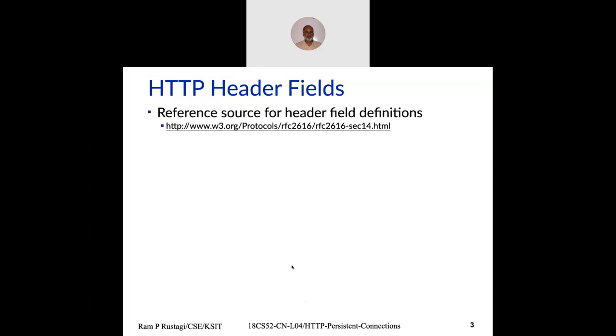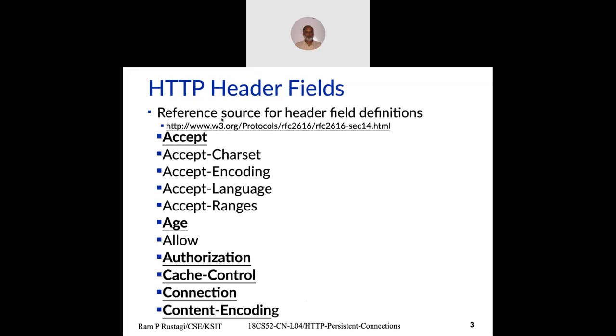Some of these headers, you can go through the header details. I have given you the URL. Just some common ones: Accept, what kind of options you accept, character set, languages, ranges. If the content needs authorization, you need a username and password, then the web server would say authorization needed, or you pass the authorization header with username and password details. Cache-Control is for caching, that we'll study tomorrow.